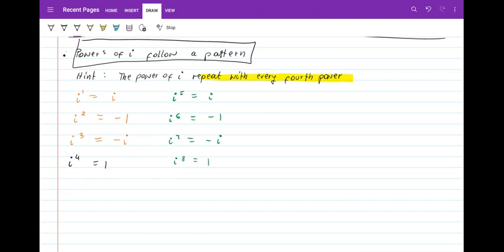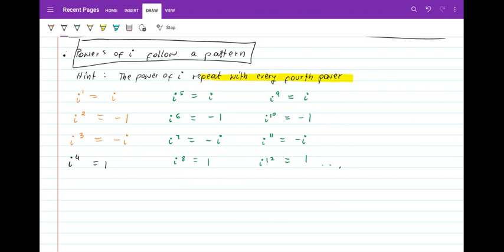And then you can keep going. i to the 9th is i, i to the power of 10 will be negative 1, i to the power of 11 will be negative i, and i to the power of 12 will be 1, and so on and so on.